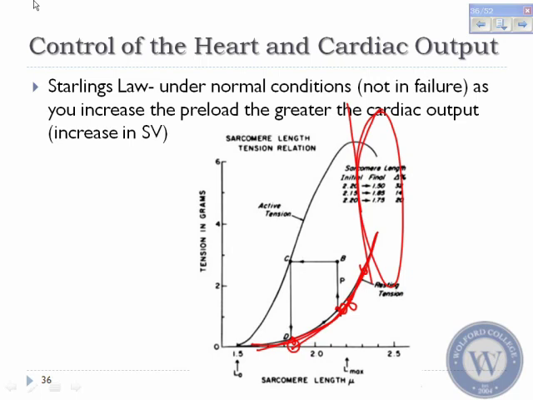The Japanese did this great study, where they actually took a sarcomere. So this is an experimental study. They took an individual sarcomere, and I showed you this before in the pictures in the cellular physiology and muscle. Imagine taking that little guy and putting it under a tensiometer, which is a device that measures tension.